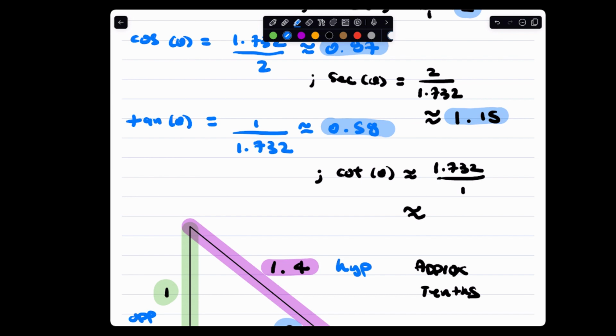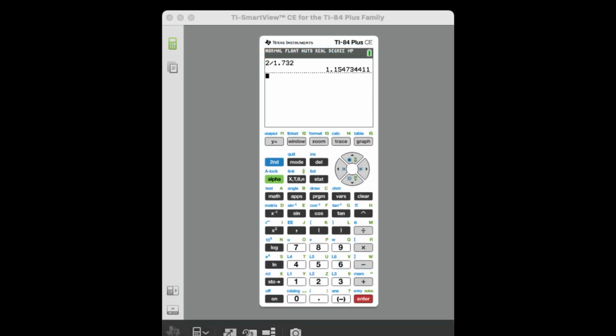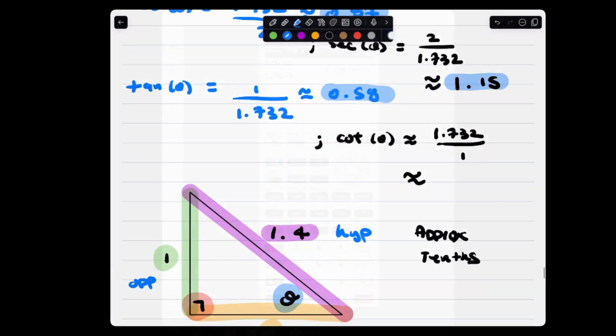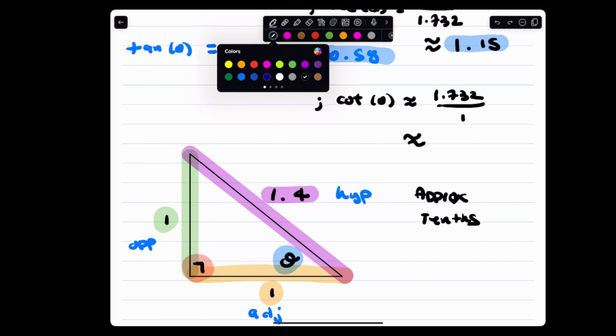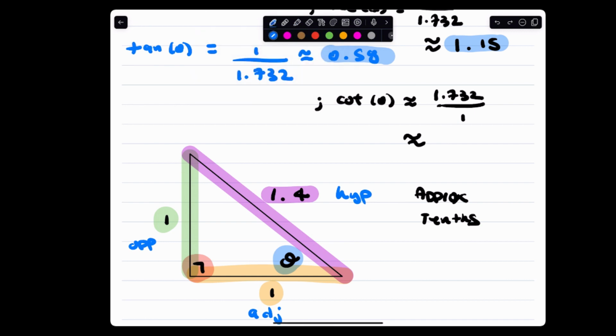All right, what about 1.732 divided by 1? What are you going to get? 1.732 is itself, but going to the nearest hundredths, this will give you what again? It would be 1.73.